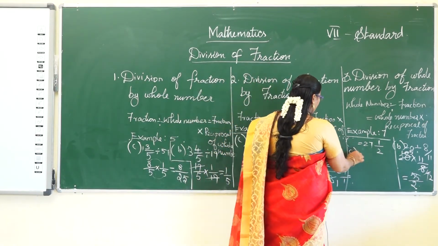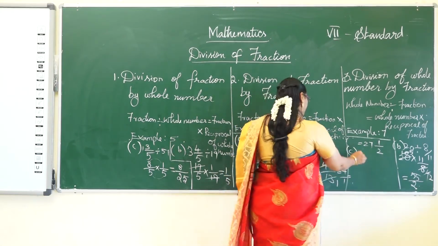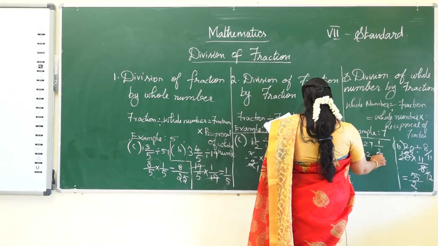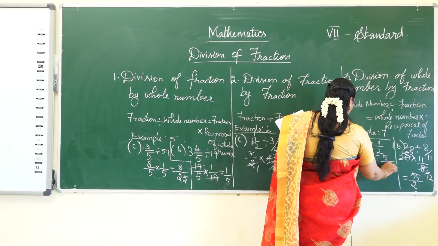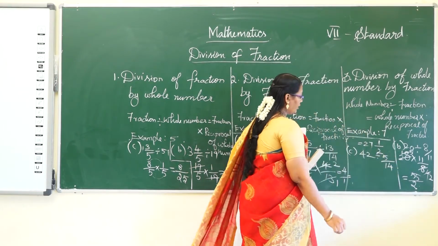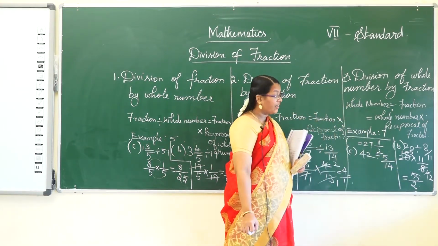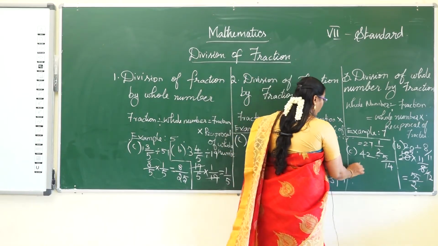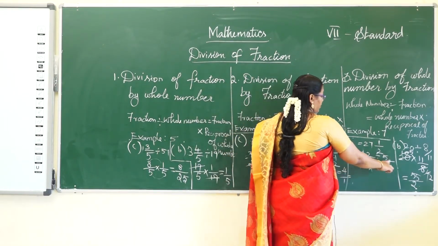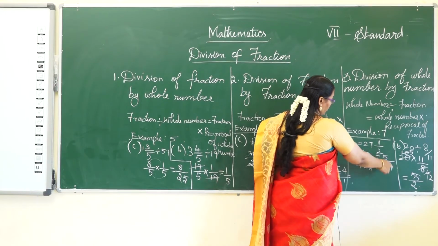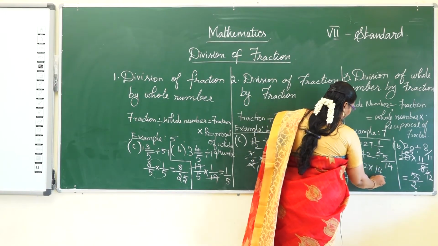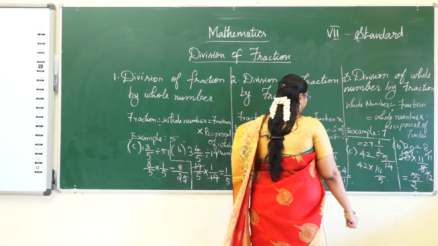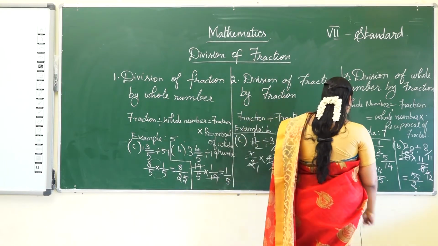Okay, now see this C problem. 42 divided by 5 by 14. Here also a whole number is divided by a fraction. So we multiply the whole number by the reciprocal of the fraction. What is the reciprocal? 14 by 5. So it cancels?